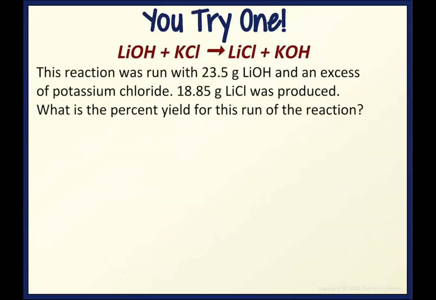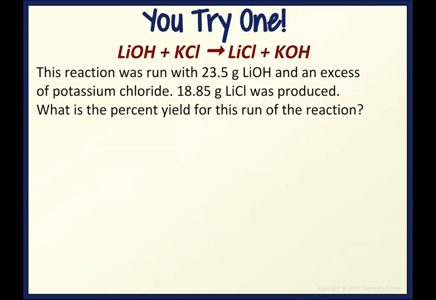All right, let's try. Now this says you try one. So you go ahead. Maybe this is a good time for you to pause the video and try it yourself. Okay, the equation is already there for you, and it's all balanced. Everything is balanced there. You don't have to worry about that.